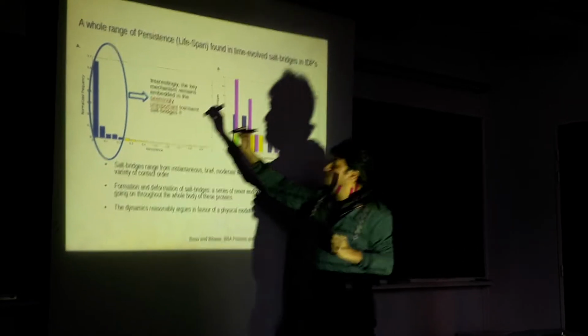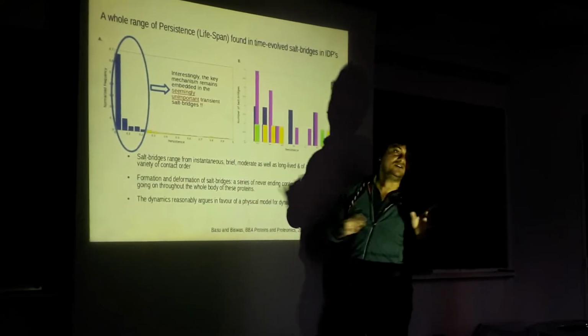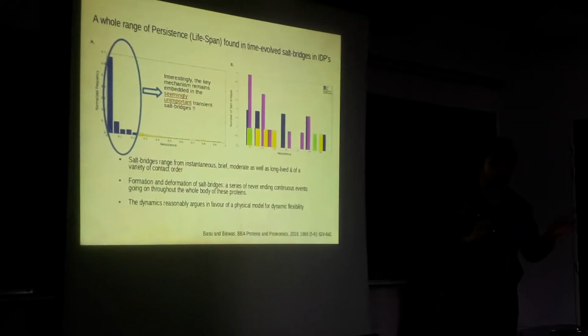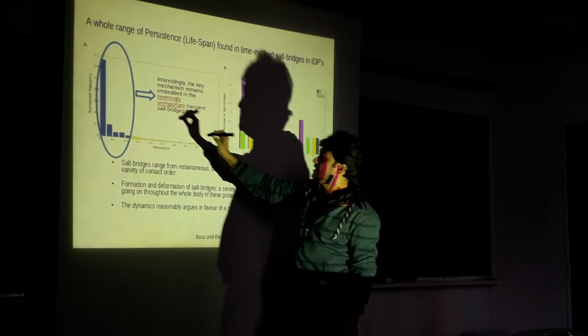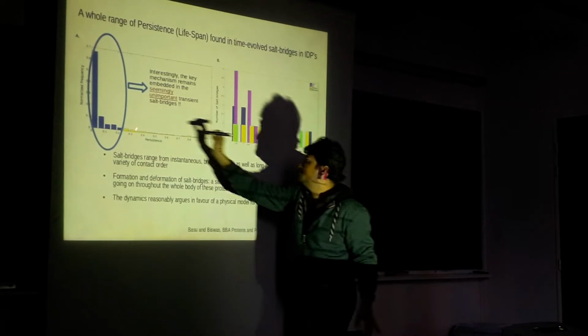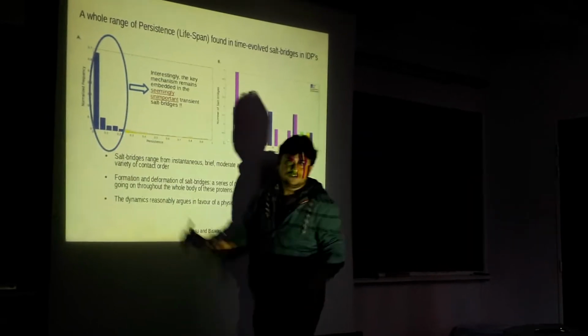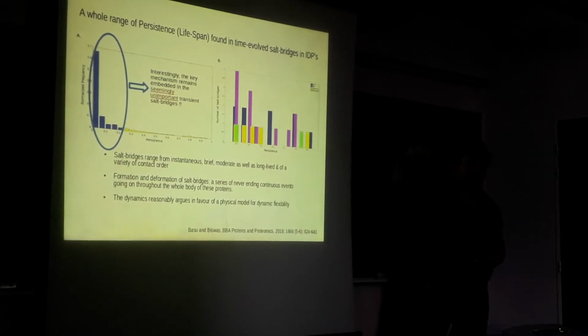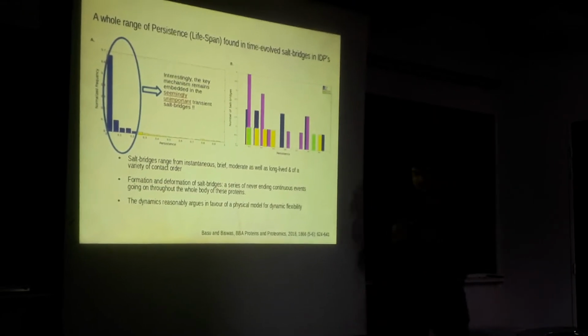What we found out is that when we calculated the persistence of all the salt bridges, it had an exponentially long tail, and we highlight this particular portion by giving a certain cutoff. Persistence means how many times in the trajectory the salt bridge appears, as simple as that.